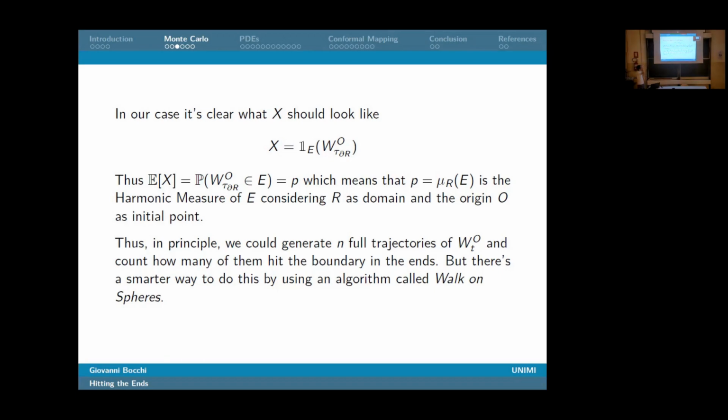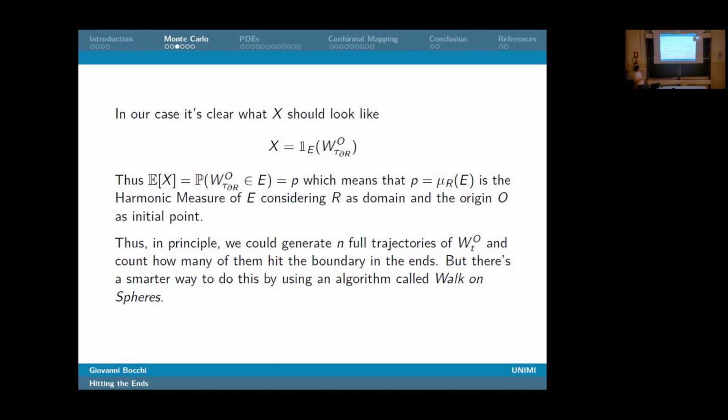So tau of the boundary of R is the hitting time of the Brownian motion, so the first time where the Brownian motion belongs to the boundary, and then we will see if the Brownian motion exits in the ends rather than in the sides. So that indicator function will be 1 if the Brownian motion belongs to the ends and 0 otherwise.